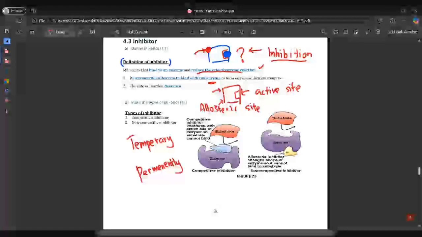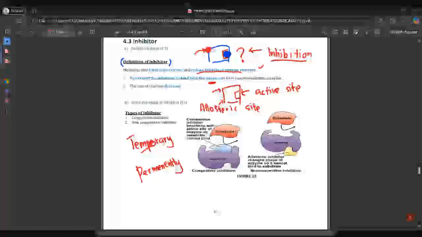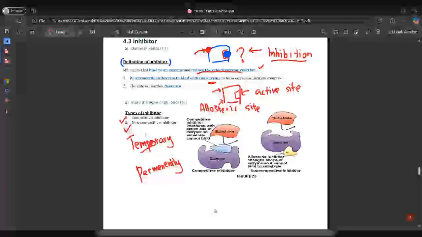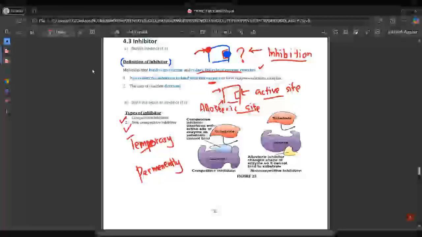If they bind temporarily, their effect is temporary only. For temporary binding inhibitors, we have two types: competitive inhibitor and non-competitive inhibitor, based on the different site they bind. If the inhibitor binds to the active site, it is called a competitive inhibitor. If the inhibitor binds to the allosteric site, it is called a non-competitive inhibitor.